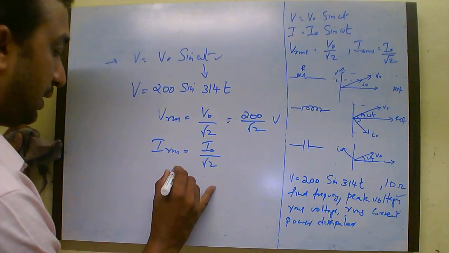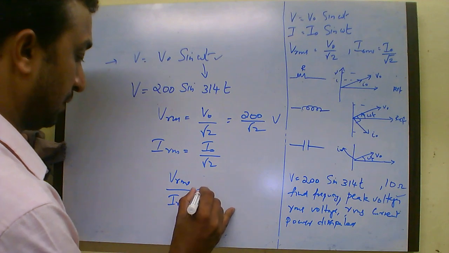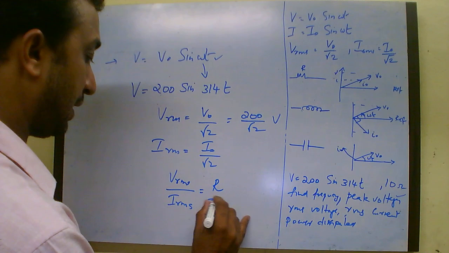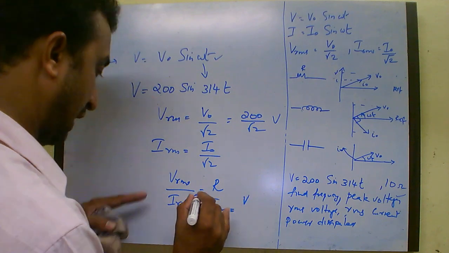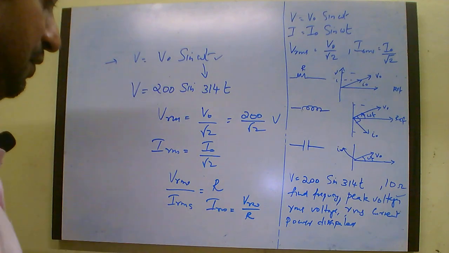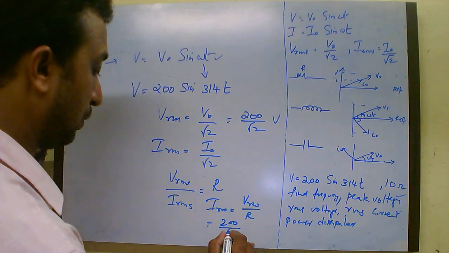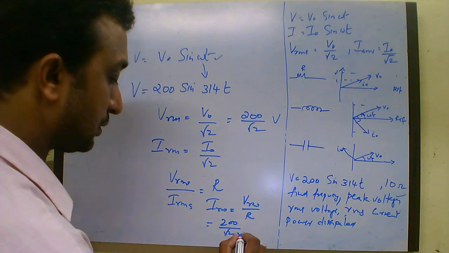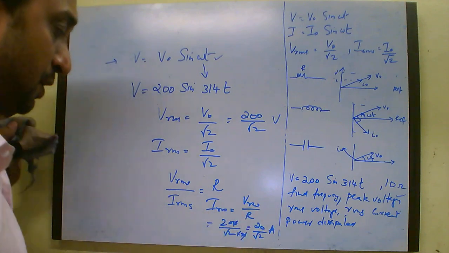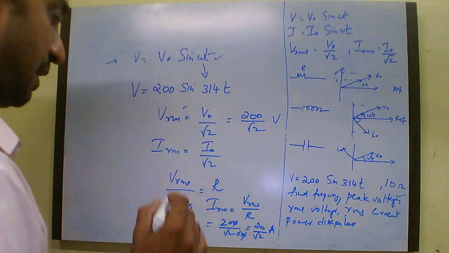So since it is applied across a resistor, you can find IRMS as per Ohm's law, VRMS by R. So it will be equal to 200 by root 2 divided by R. With R as 10, you will have 20 by root 2 amperes. So this is IRMS. So you have got VRMS and IRMS.